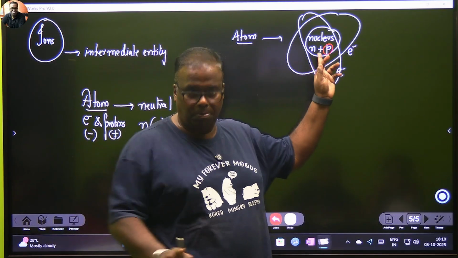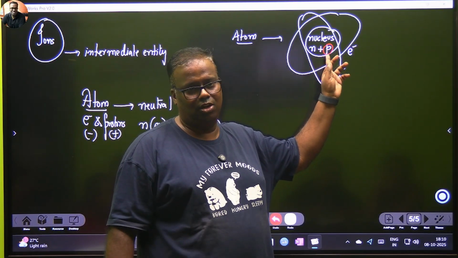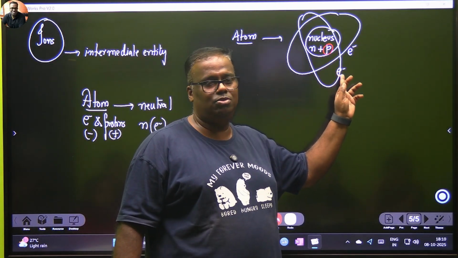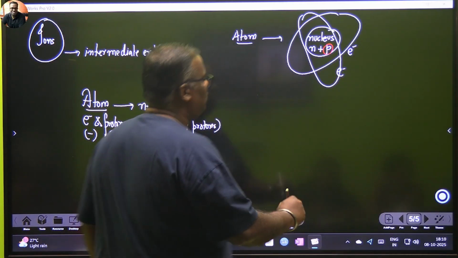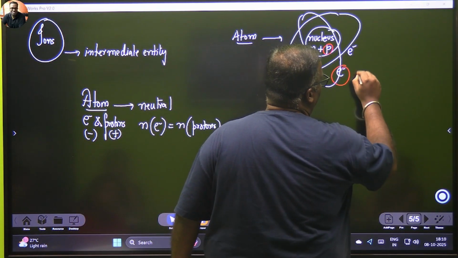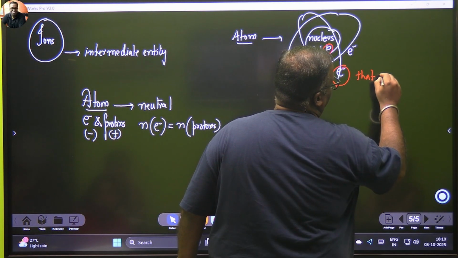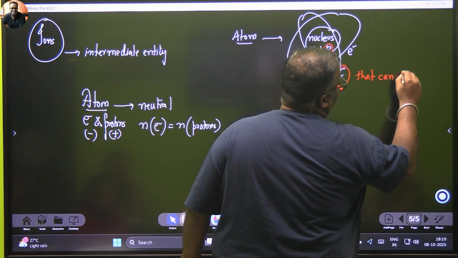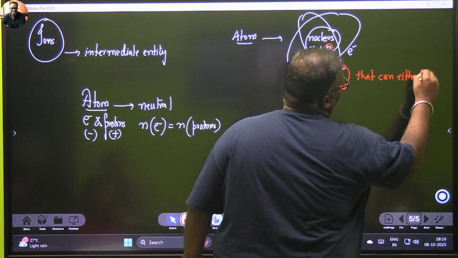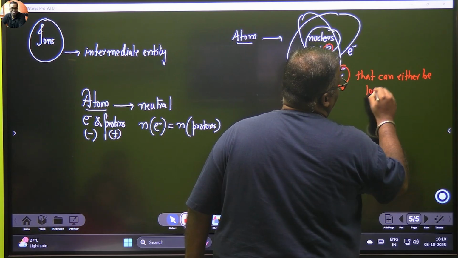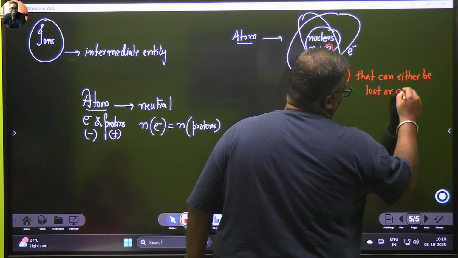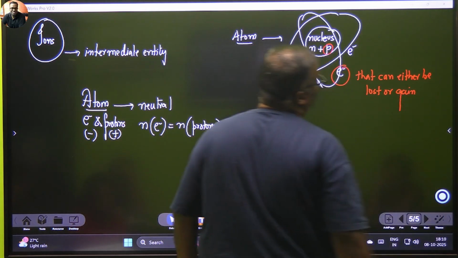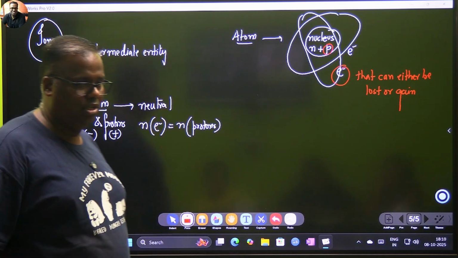Can I go out? Cannot. Everything that can happen is with electrons. So remember, it is the electron that can either be lost or gained. You might gain an electron from someone, or you might lose an electron.